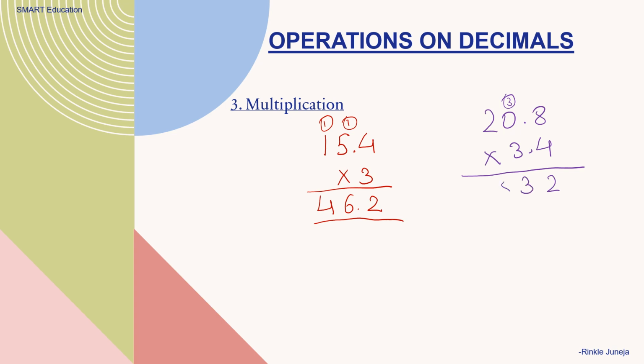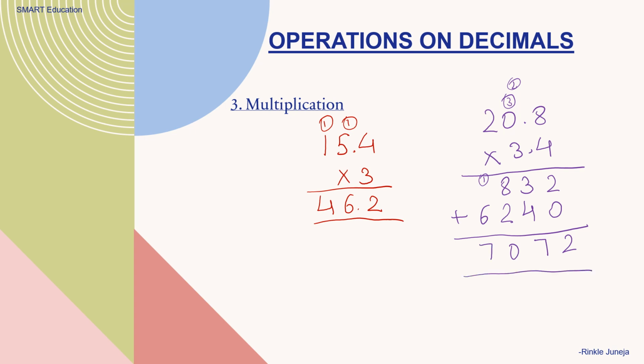And 4 twos are 8. We write down 0 over here. 3 8s are 24. So 4 and 2 carry over. 3 zeros are 0 and plus 2 is 2, and 3 twos are 6. And then we add this to get the final answer, which is 2. 3 plus 4 is 7. 8 plus 2 is 10. 1 is carryover, so 7072.